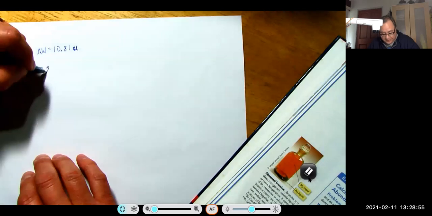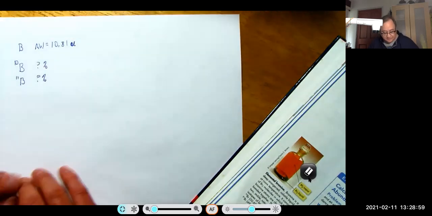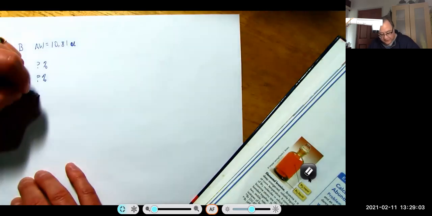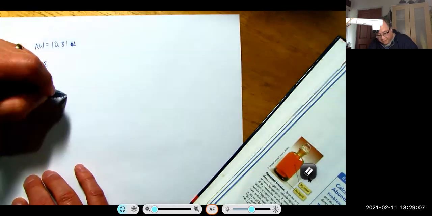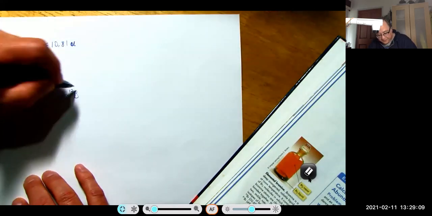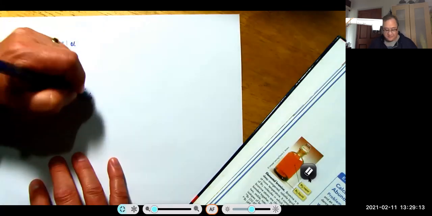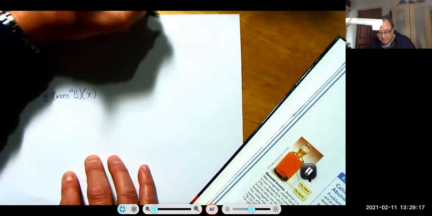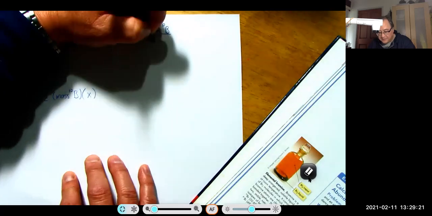What's the percentage? So the way you do a problem like this is you say that the atomic weight is equal to the sum of the mass of boron 10 times X, where X is equal to the percent abundance of boron 10 over 100.